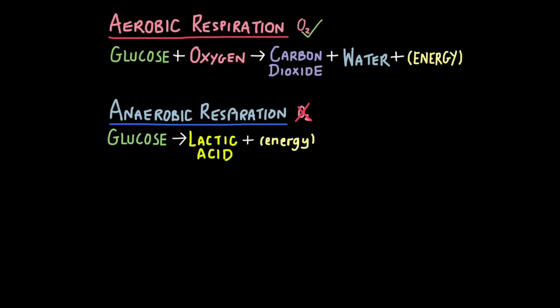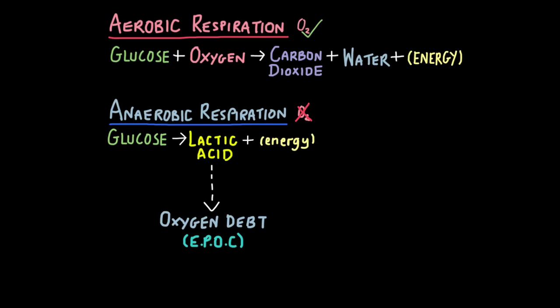Now remember, this whole time we've been breaking down glucose without oxygen. When we continue to respire without oxygen, we build up an oxygen debt, or an EPOC. EPOC stands for excess post-exercise oxygen consumption. What it means is that after exercise we need to inhale excess amounts of oxygen to repay our body.